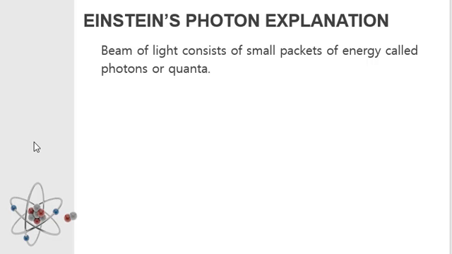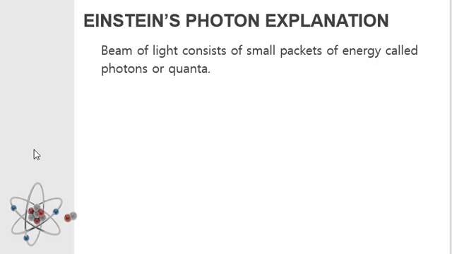Now, 5 years later, we have here Albert Einstein, wherein Albert Einstein also considered that a beam of light consists of small packets of energy, that energy is not continuous but also quantized, and the ones carrying that energy are photons or quanta. That is according to Einstein.